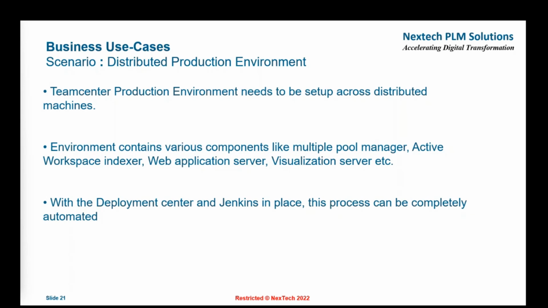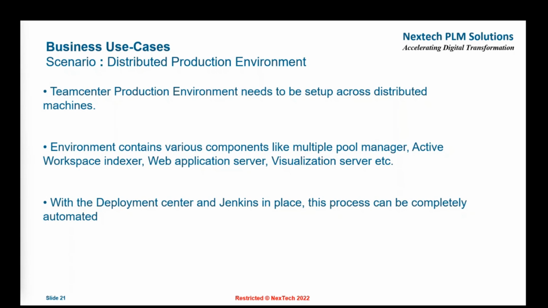So with deployment center and Jenkins, I can process this again through automation. Here in the deployment center, I'll have to make sure that I am generating all those scripts for that machine only.